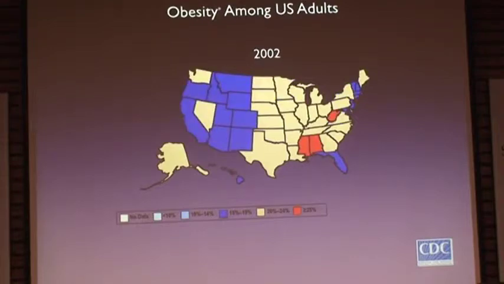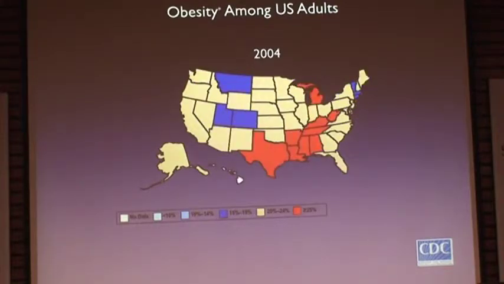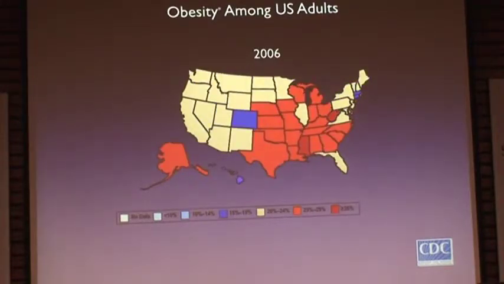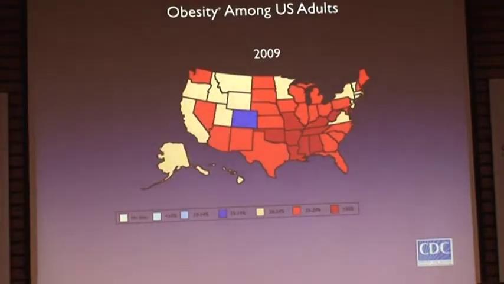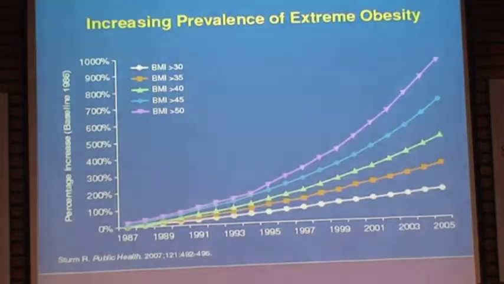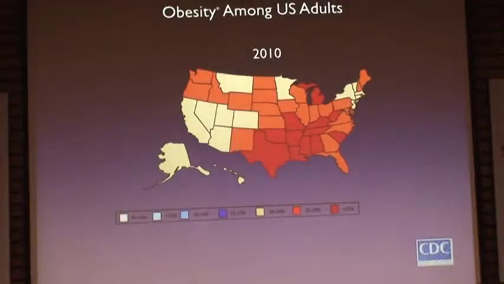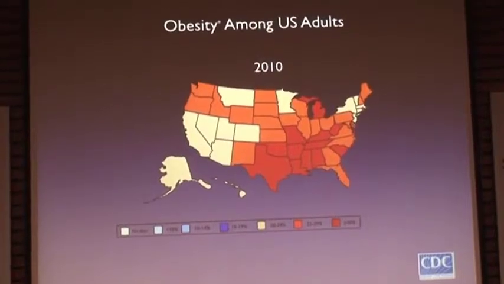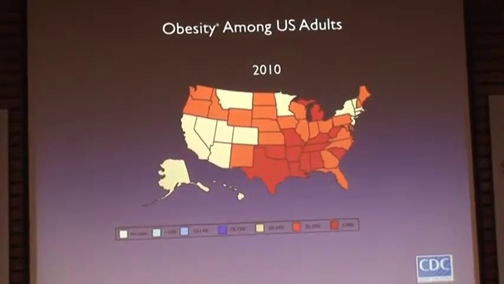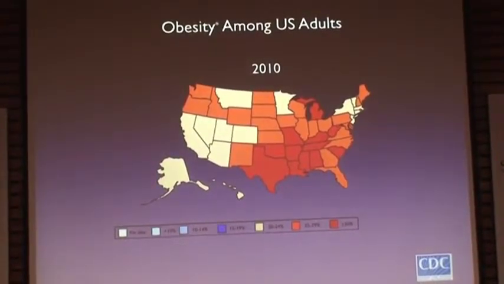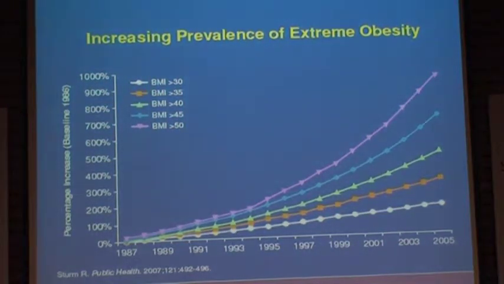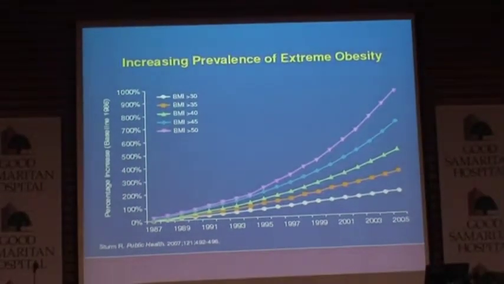Different colors, new colors, indicate a higher percentage of people who are obese. So we began with less than 10%, and we are now at a point where the majority of states are over 25% severely obese. That's just another way of looking at the same problem.